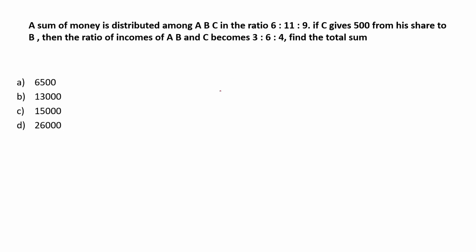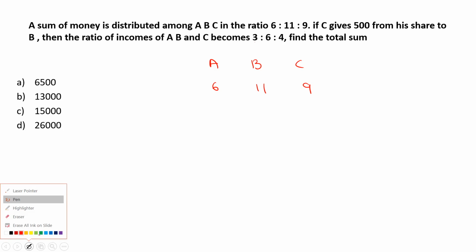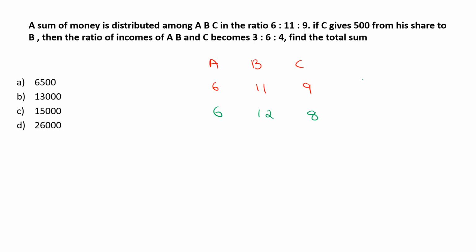Okay, let us take the ratio of A, B, C as 6:11:9, and take the ratio of A, B, C after C gives 500 to B. Multiply that 3 with 2, then you get 6. Multiply this 6 with 2, then you would get 12, and multiply this 4 with 2, then you would get 8.